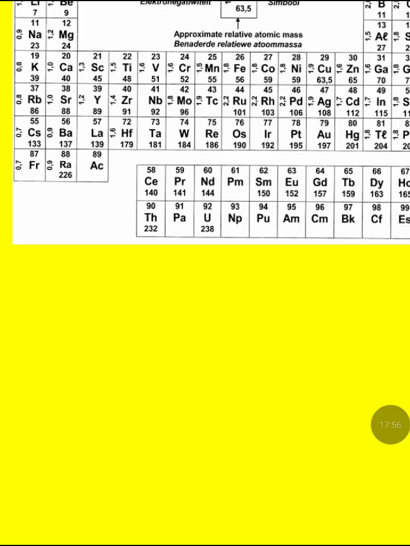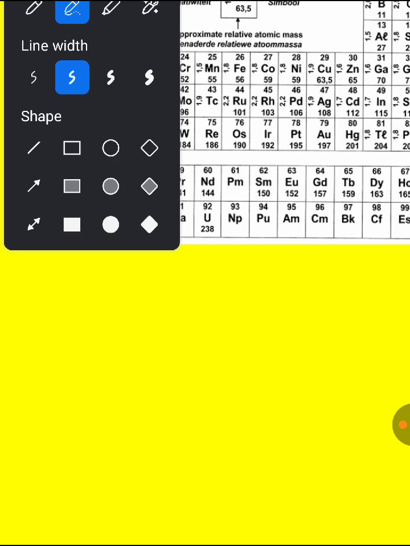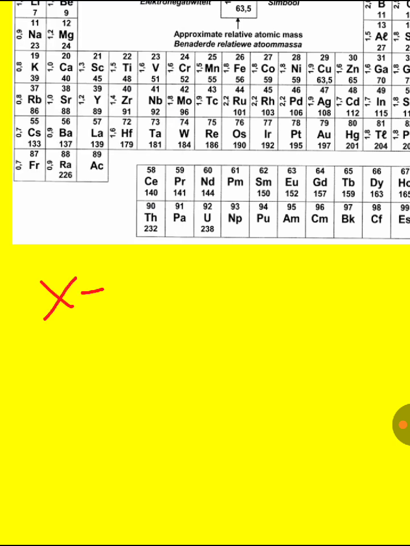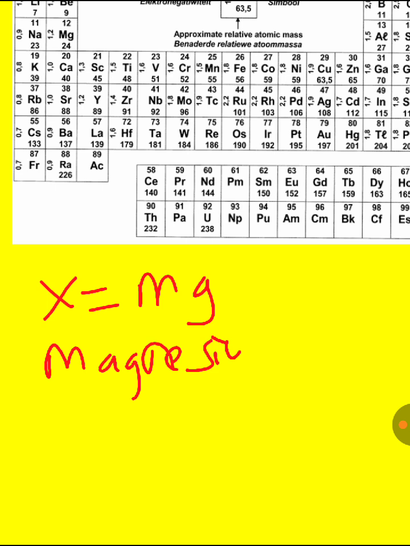A substance with a molar mass of 24 is magnesium. So element X is Mg, magnesium.